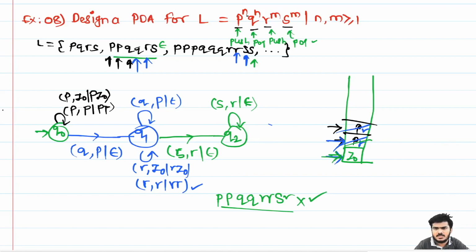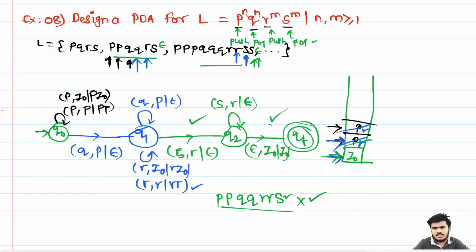Now the top pointer becomes Z0, and after the ending of the string there is an epsilon, and finally if I get epsilon as input and top of the stack is Z0, I will keep that Z0 as it is and I will move to the final state, and I can say that the particular string is accepted by this PDA, and we can say that this is the PDA for this particular language.